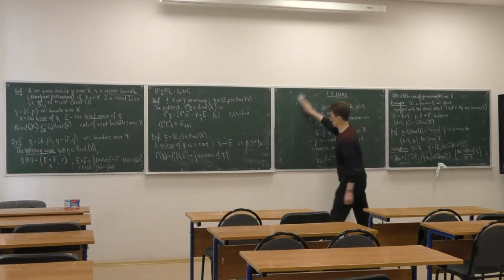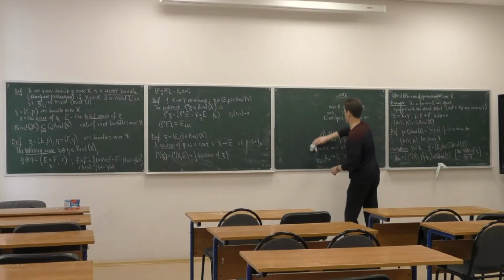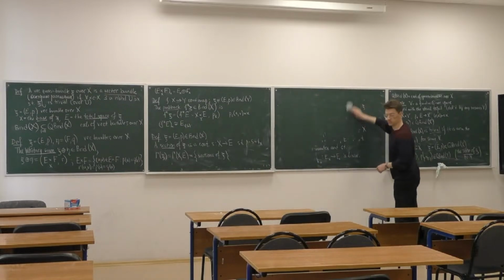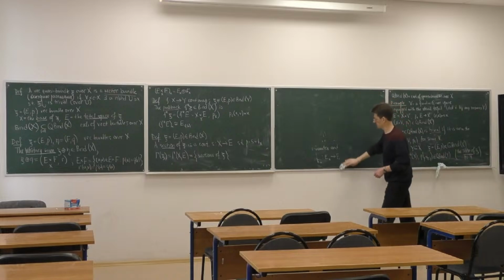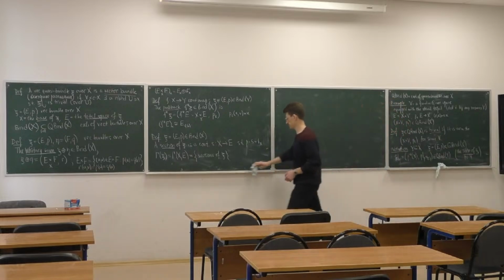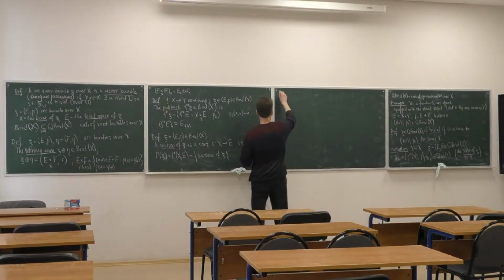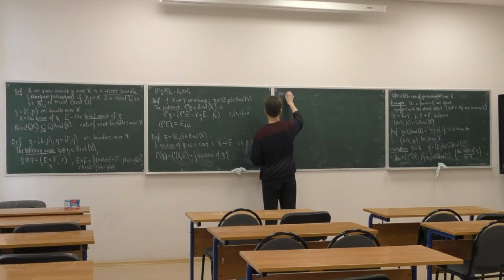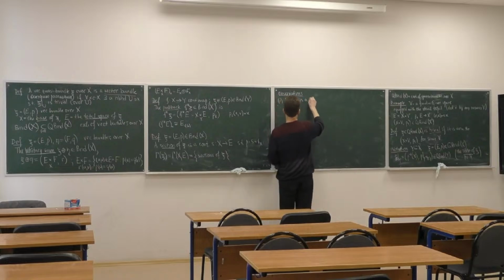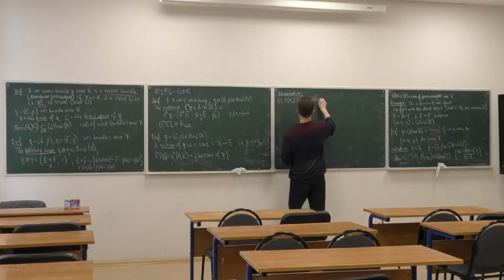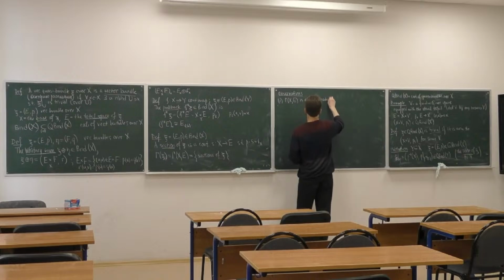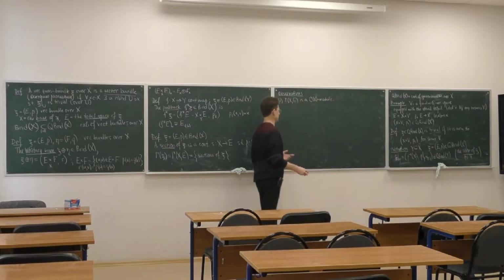The set is a vector space, and moreover, it is a module over the algebra of continuous functions on X. So let's make some simple observations. First of all, Γ(E) is a C(X)-module with respect to the following natural operations.